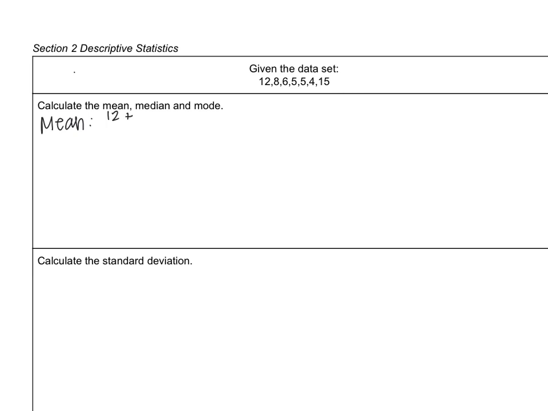So we're going to do 12 plus 8 plus 6 plus 5 plus 5 plus 4 plus 15 divided by 7, since there are 7 numbers in our data set. Okay. When I add up all of my numbers in the numerator, we get 55 divided by 7, which is approximately 7.857.